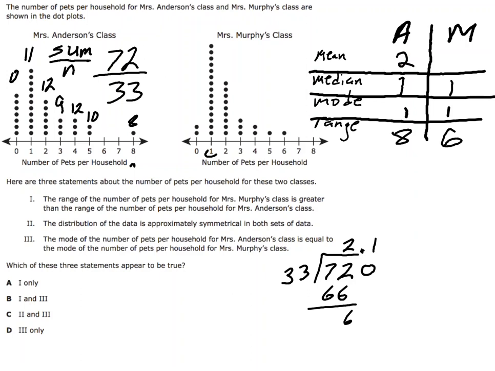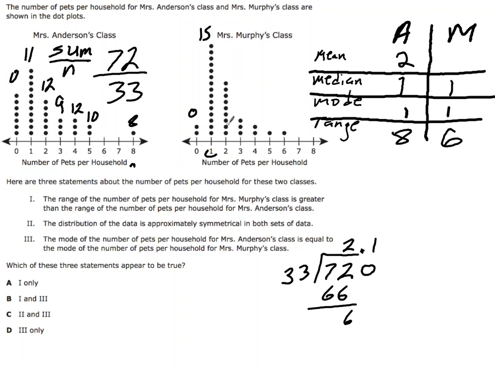All right. Same process over here for Mrs. Murphy's. 0, and then we have 15.